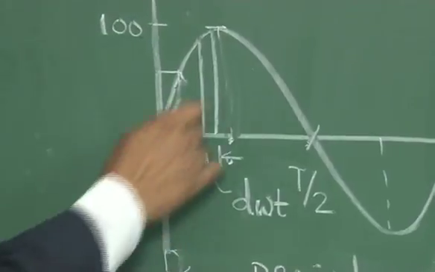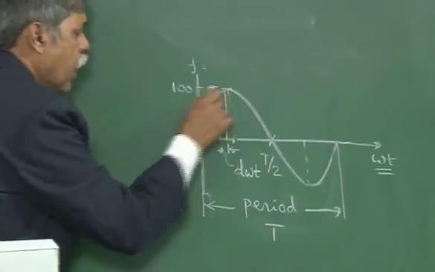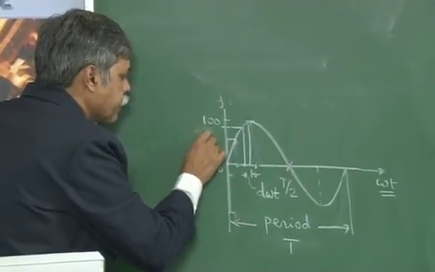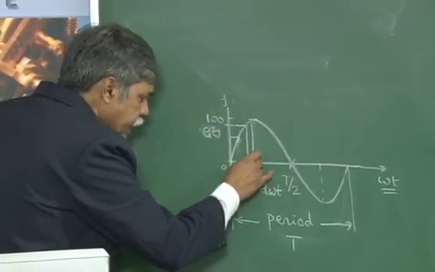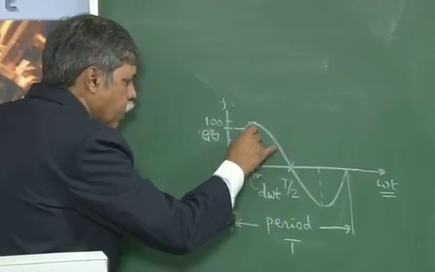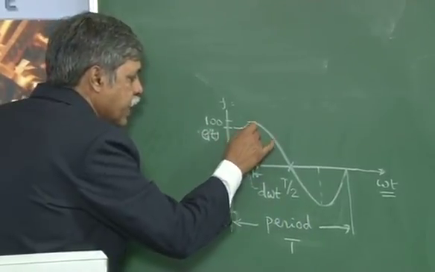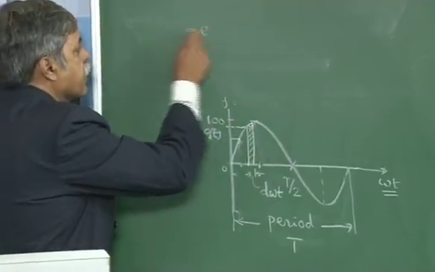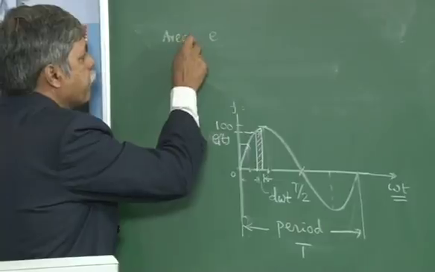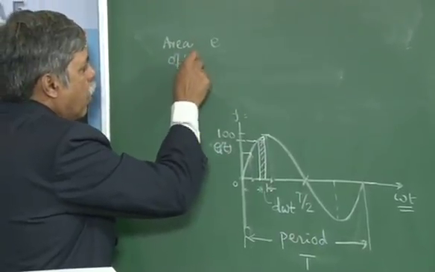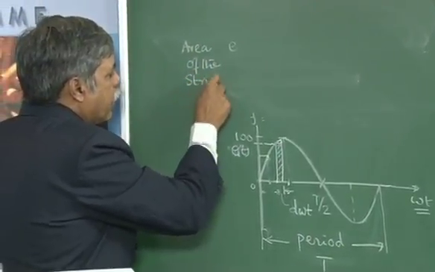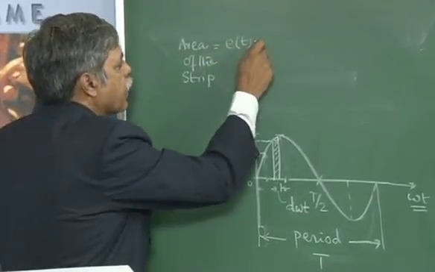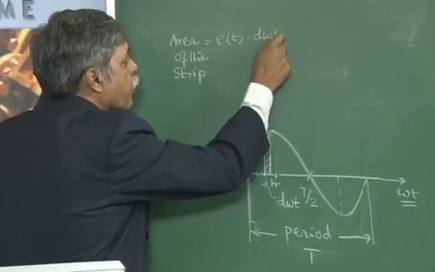Now, if I take this to be the voltage v of t or e of t, the area under this elemental strip, neglecting the small triangle at the top, is equal to the instantaneous value v of t multiplied by the width d omega t.